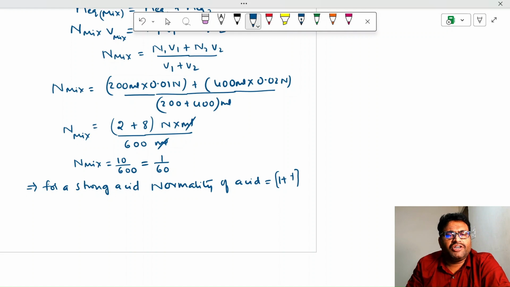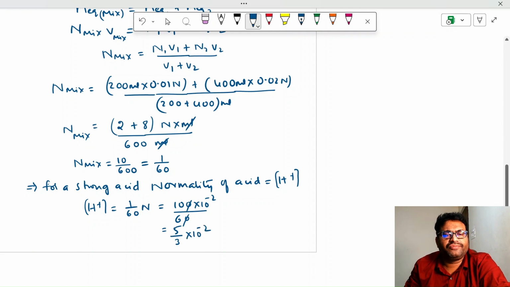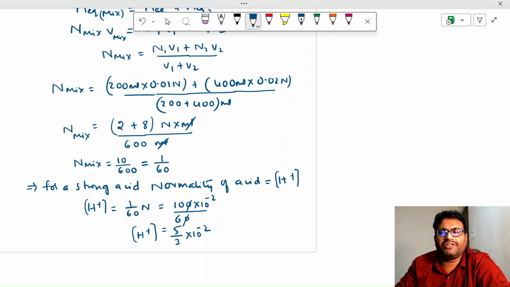Here normality is 1 by 60, so H+ ion concentration is 1 by 60 normal, which is equal to 100 into 10 power minus 2 by 60. Cancel, and what do we get? 5 by 3 into 10 power minus 2. So the H+ ion concentration is 5 by 3 into 10 power minus 2.